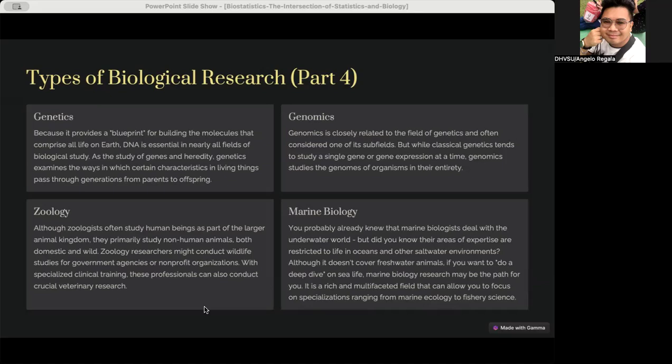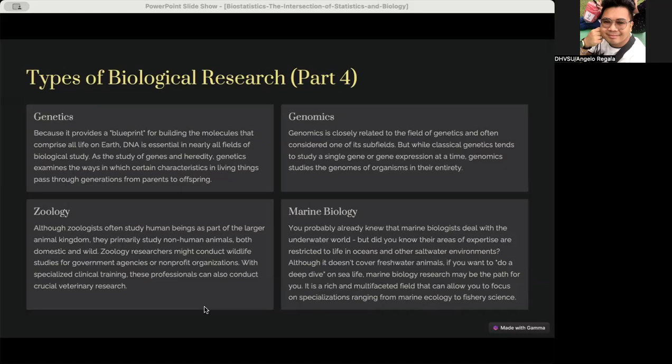For the 16th one, marine biology, we're talking about the underwater world. We're talking about animals underwater. It's not restricted to oceans or saltwater environments, but includes freshwater animals as well. We can do a deep dive into sea life.